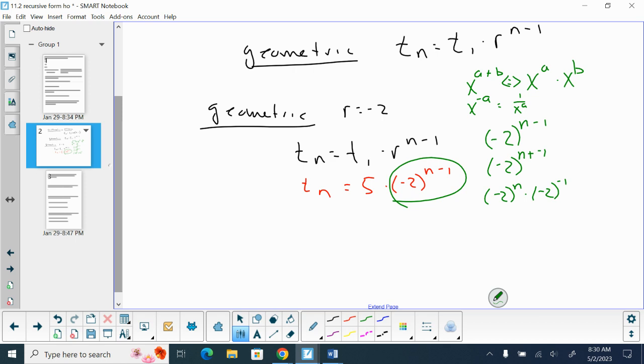So this negative 2 to the negative first power can be written as 1 over negative 2. So what we have now is negative 1/2 here.